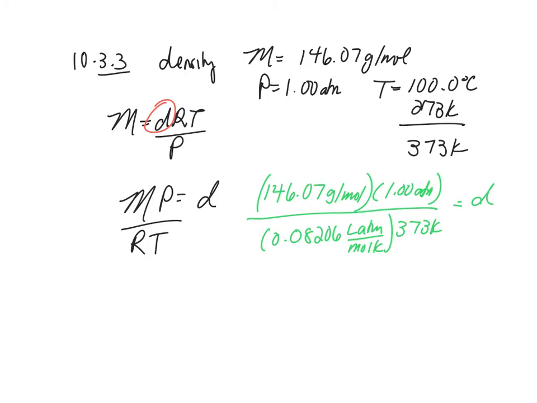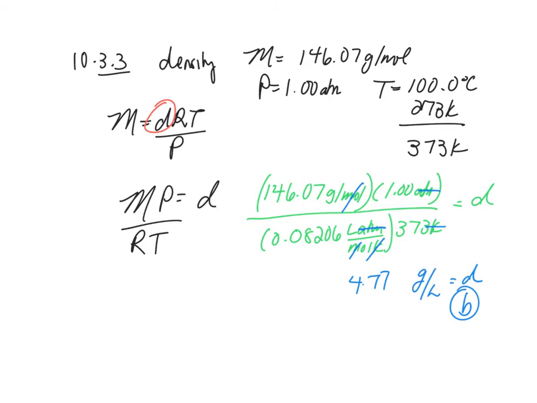And you see that atmospheres cancel out, Kelvin cancels out, mole cancels out, and your units are grams per liter, and that is a unit for density. And when you do the math on that, you get 4.77 grams per liter, and that answer is B.